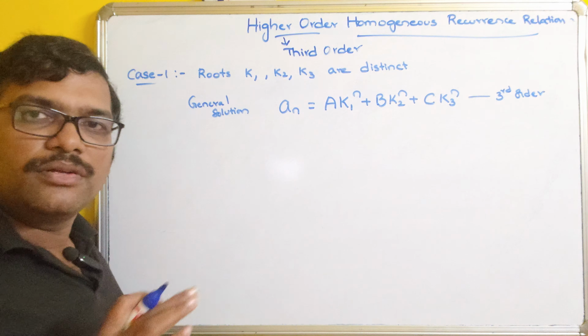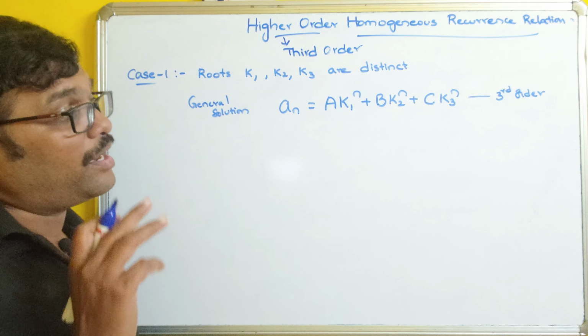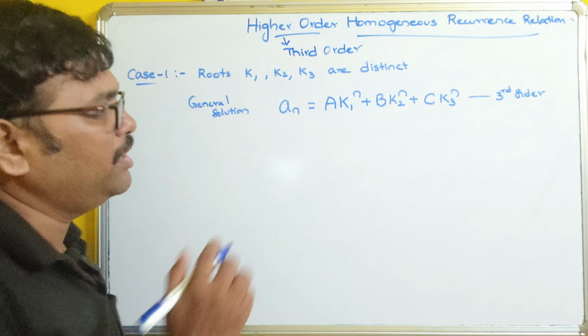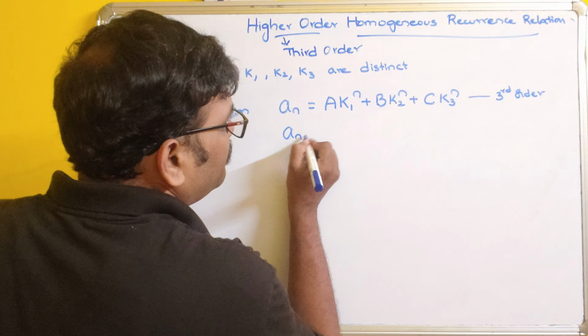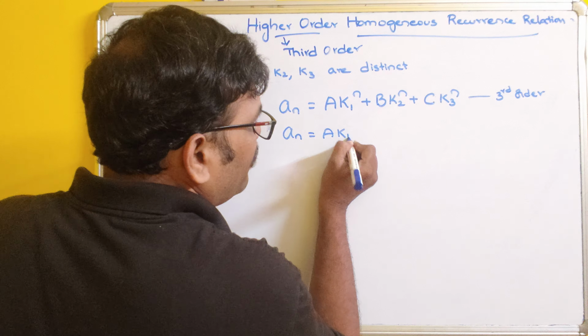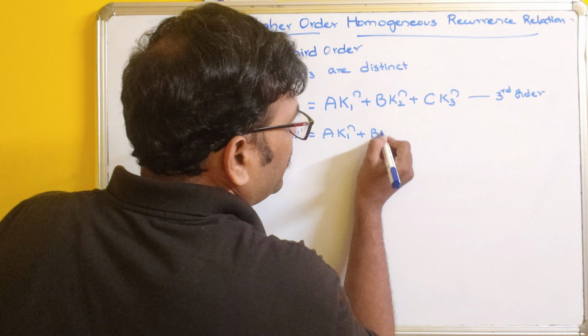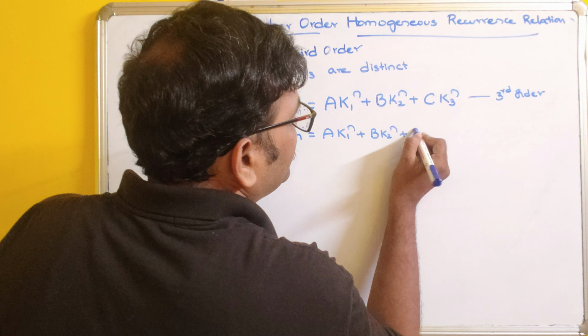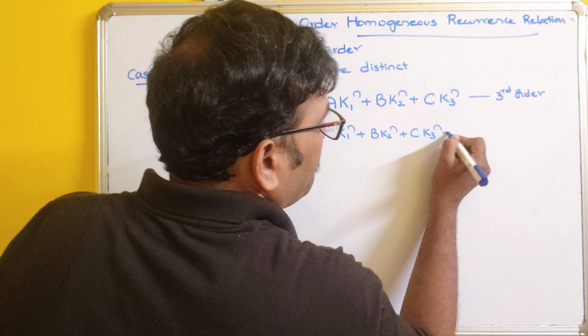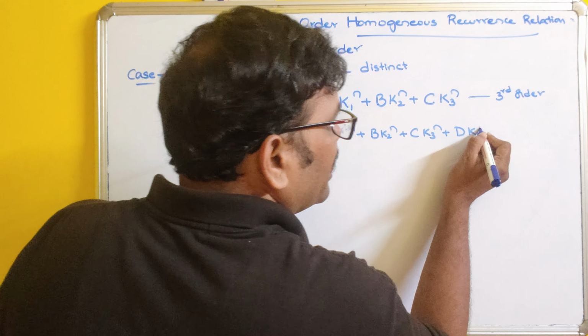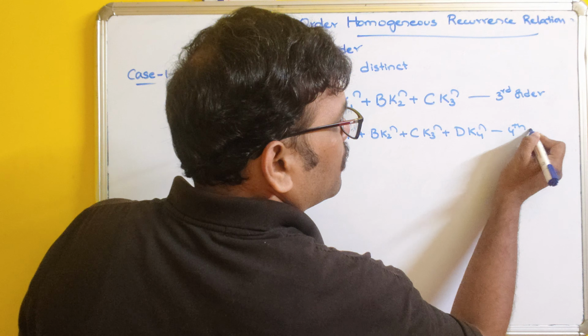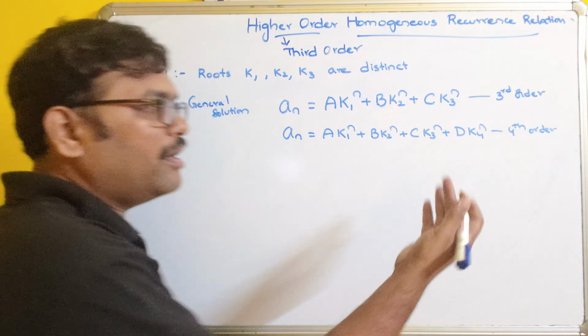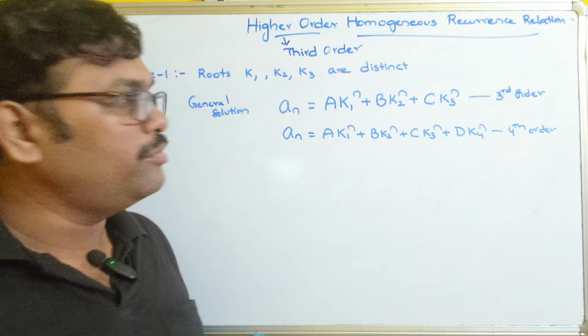If suppose we are having a fourth order recurrence relation, then the general solution will be in the same way: a k1 power n plus b k2 power n plus c k3 power n plus d k4 power n, if it is a fourth order. Similarly, if it is a fifth order, then it will be having 5 roots.